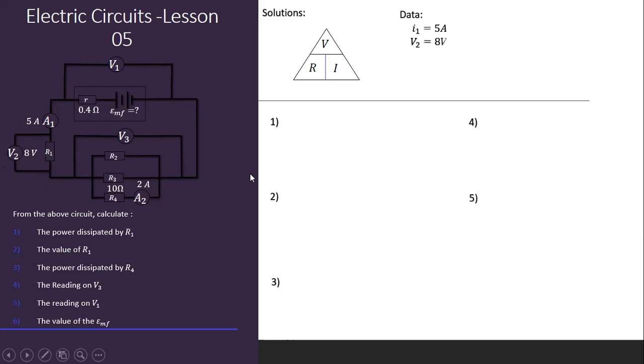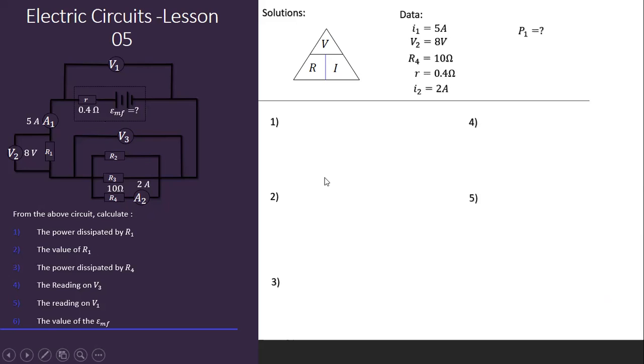We are given V2, the voltage across this resistor, of 8 volts. We are given the resistance value of R4, which is 10 ohms. We are given the internal resistance of 0.4 ohms. We are given I2, the current which passes through R4, measured by A2, and it measures 2 amps.